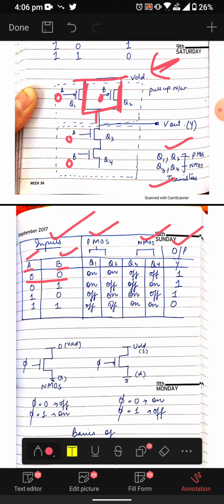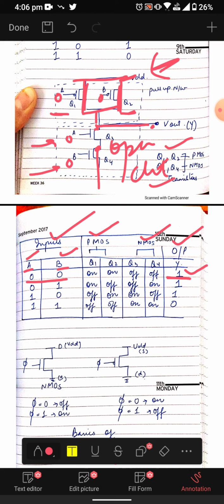They are N-type MOSFETs and they will be off because what we have given at the gate is 0 and 0. So this will be open circuit. So V out will be shorted to VDD through transistors Q1 and Q2. So what will I get at the output? I'll get logic level 1. So this was the first case.